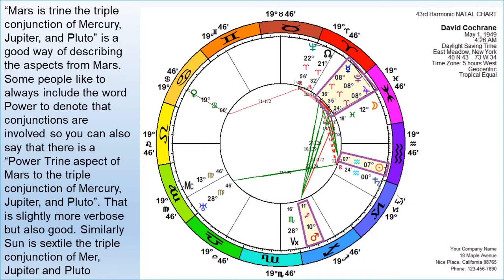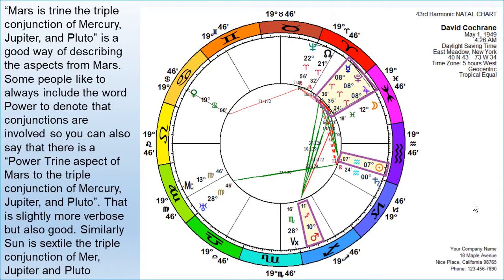The Mars trine has a little bit less than a 2-degree orb. I sometimes use the word solid for that. Mars makes a solid trine to the triple conjunction of Mercury, Jupiter, and Pluto. I wouldn't call that strong. It's certainly not weak. It's solid. So that's a word we sometimes use.